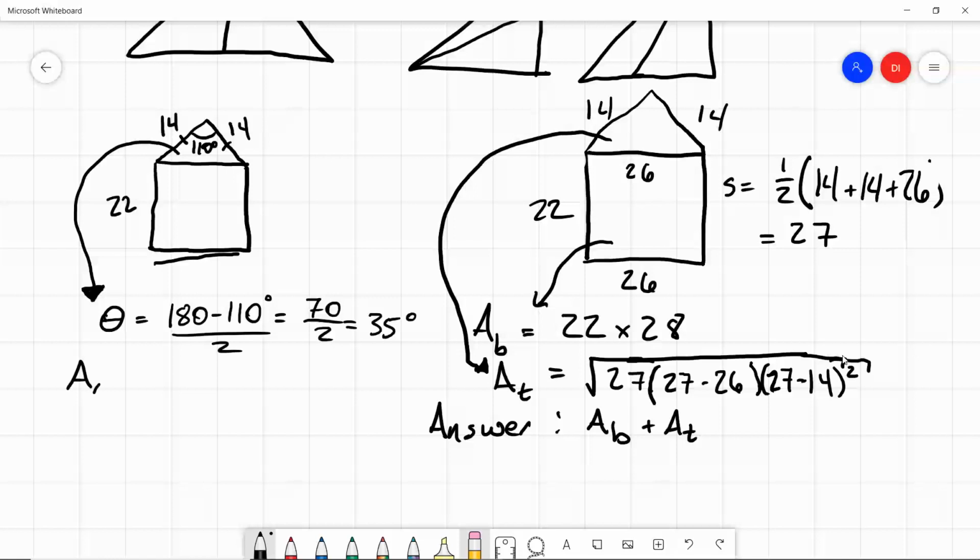So now the area of the triangle can be found by doing what? Actually, hold on. I'm skipping steps. Sorry. Okay, let's call this side length C. Right.